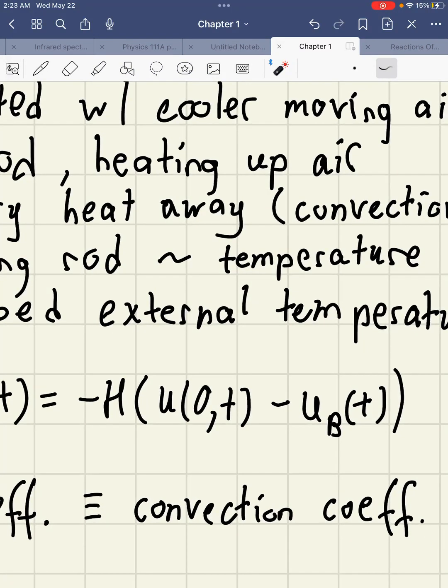Now, since our temperature difference goes from the inside to the outside, we expect that to be negative at that boundary, and therefore we multiply by a negative sign to make it equivalent.